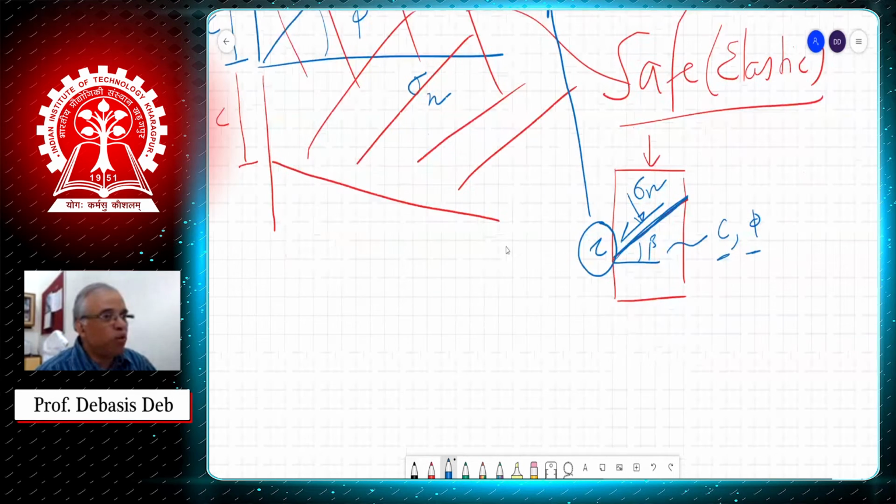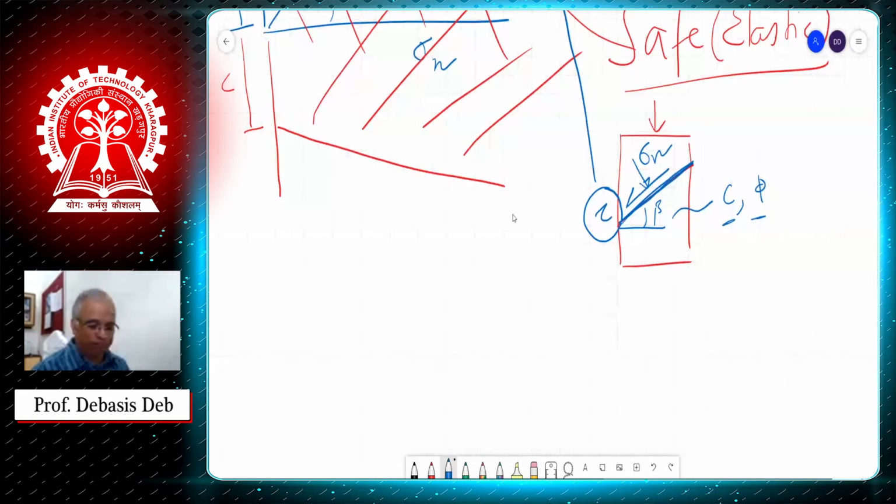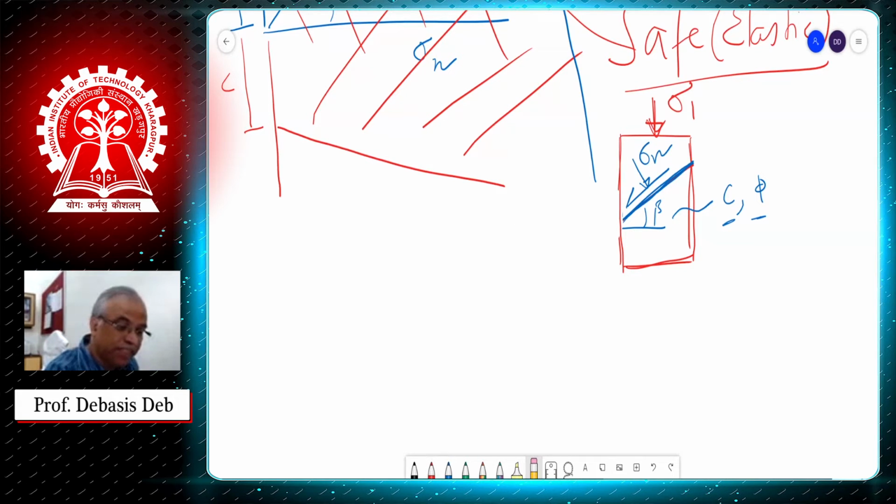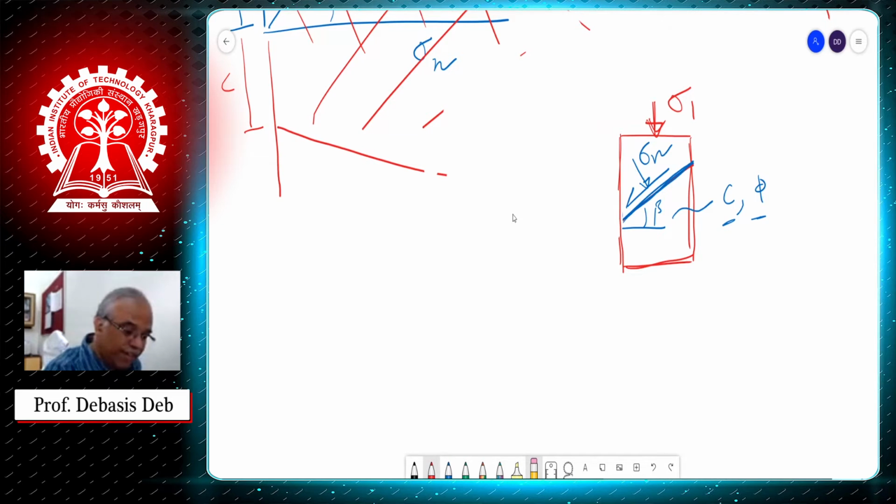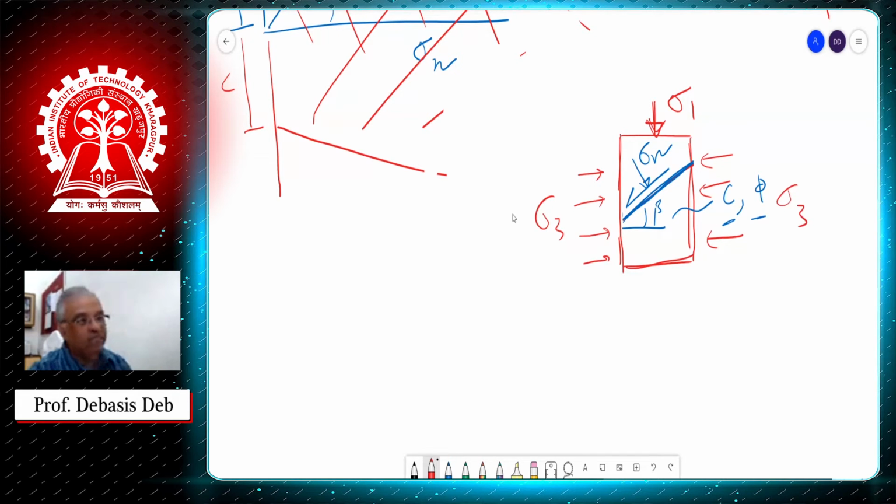So what do we do in this case? We change the axis, because I have already told you how to change the axis. So if this is sigma 1, and there is sigma 3, mind that this is a cylindrical sample, so sigma 3 is all around.